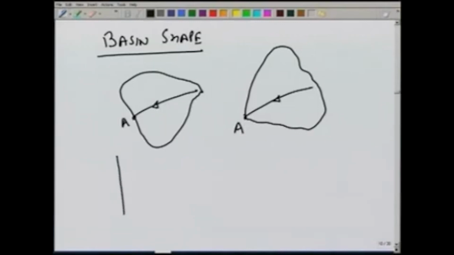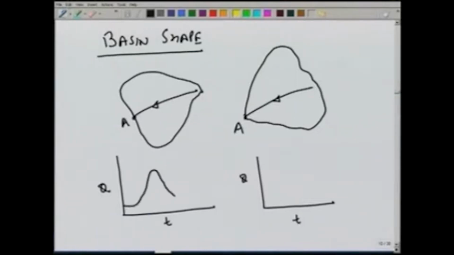If we look at the hydrograph, considering everything to be the same except the basin shape, in this one we would expect the peak to come sooner, because most of the rain occurring near the outlet point will reach very fast at A, and also since this area is large the peak will be higher.